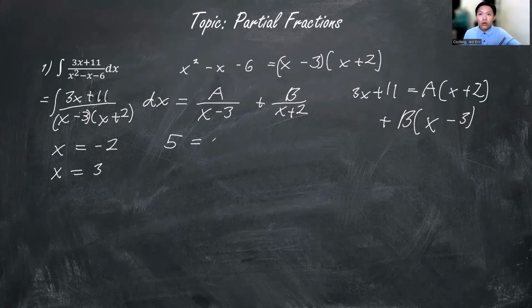And if you replace this, 3 times 3 plus 11 is 20. Now, as you can remember, we used this formula, and we already have these numbers.